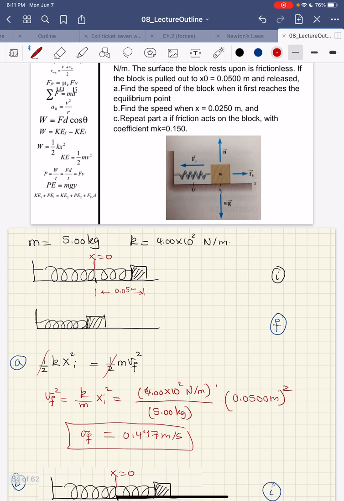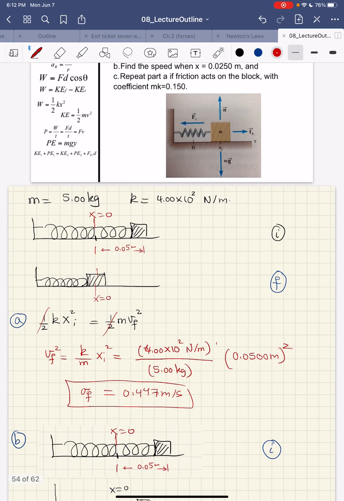What I have here, I listed my mass, my k. This was my initial position when my spring was stretched 0.05, and then it will go back to the equilibrium here. This is my x equals 0. This is the equilibrium.